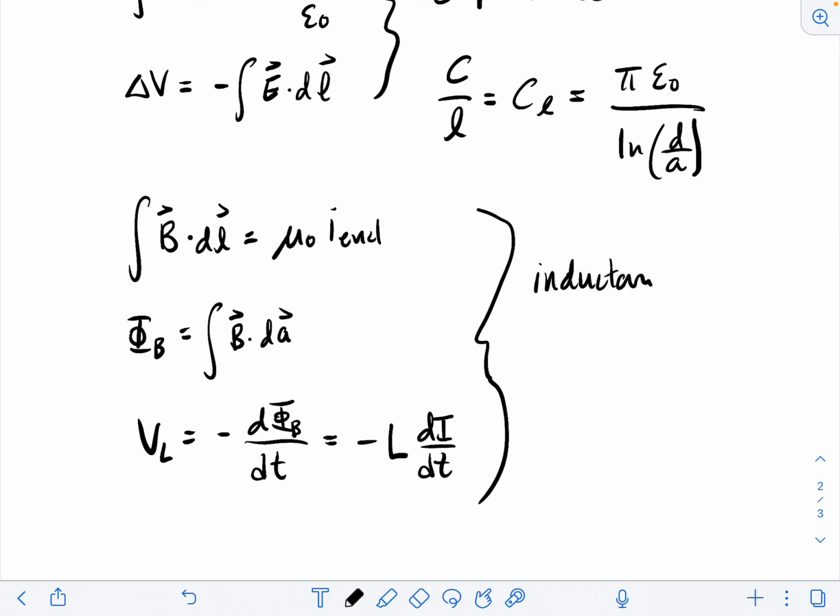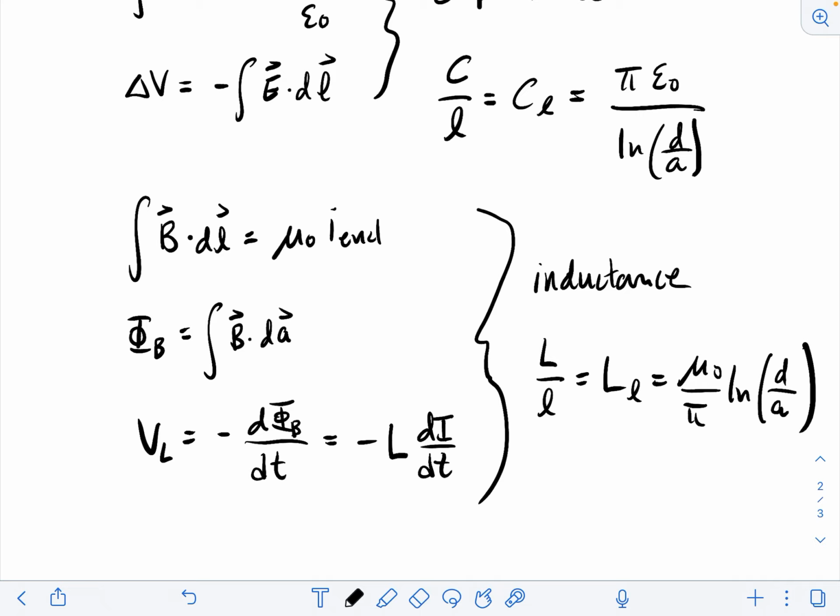Again, this is a good exercise to try. If you do it, you should find that for our length of parallel wires, the inductance per unit length, which we'll denote L sub L, is equal to mu naught over pi ln d over A. Again, it's just constants and geometrical factors that determine this inductance.